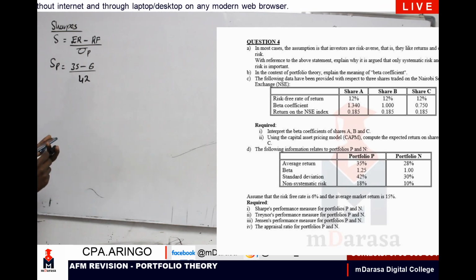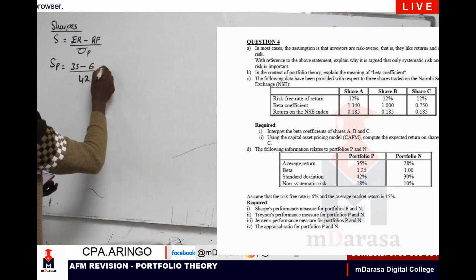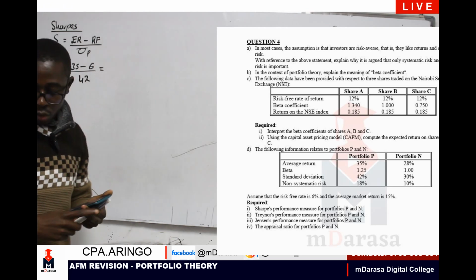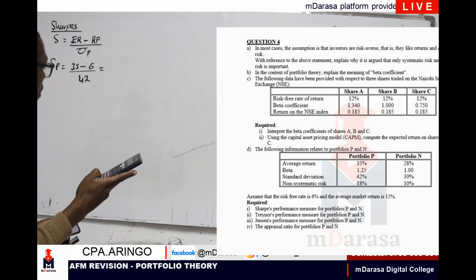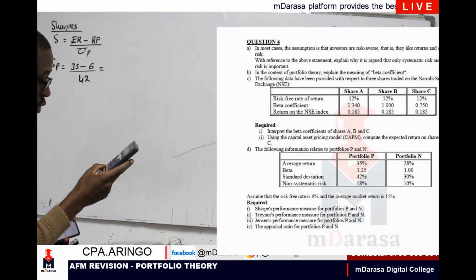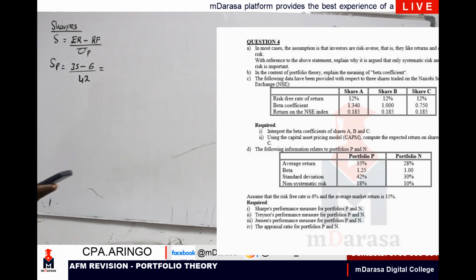So basically, I'm given the standard deviation of portfolio P, and I can see I'm having 42. So in this case, what will be our value here? My value for Sharpe's for security P, where is my calculator? I'll be talking of 35 minus 6 divided by 42 to give us 0.690.